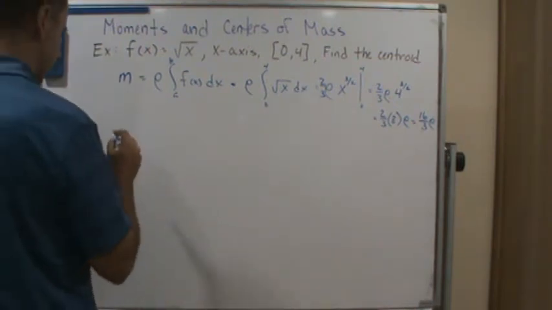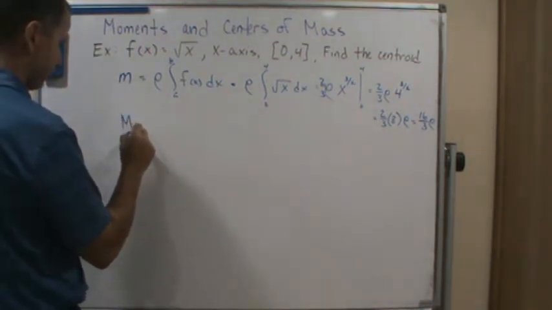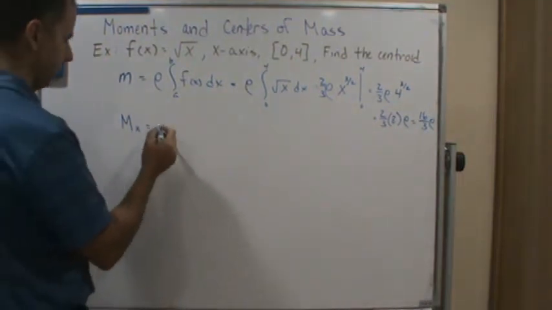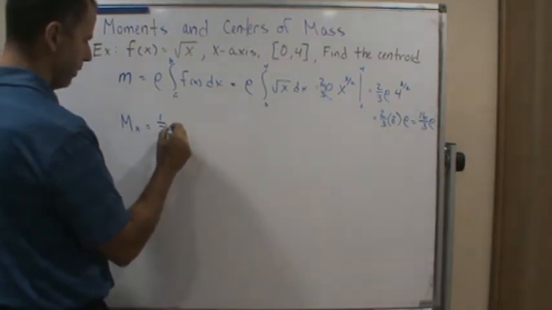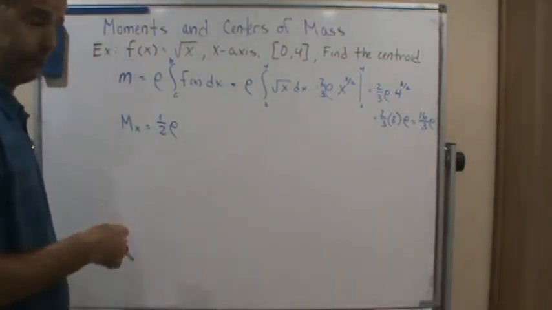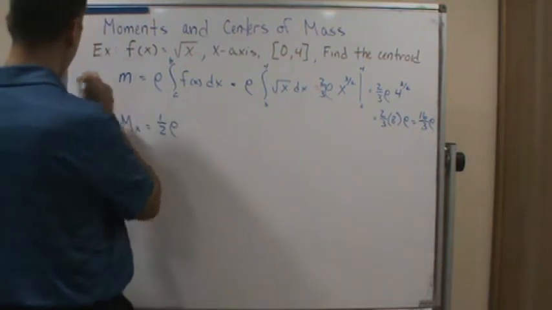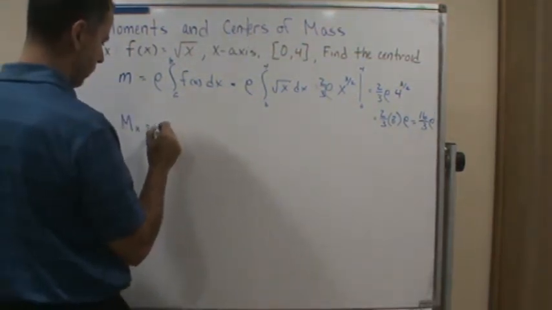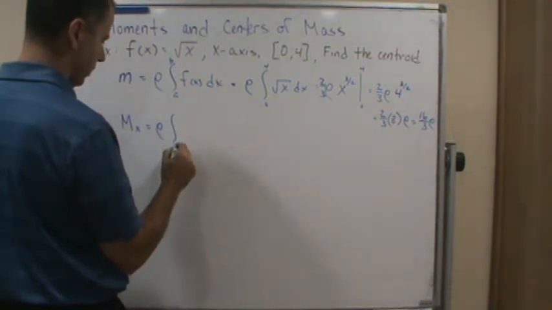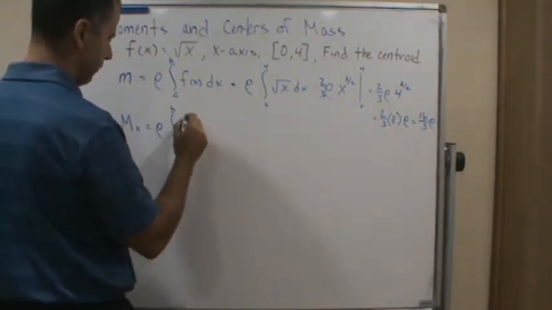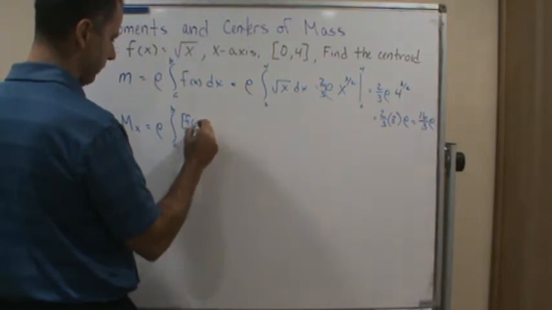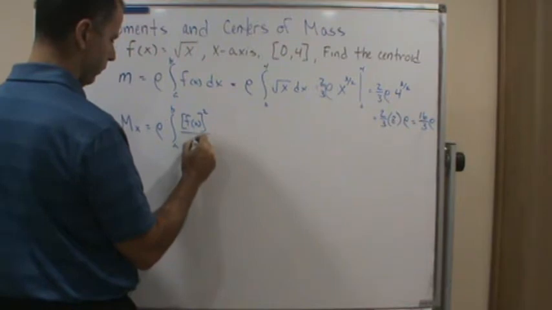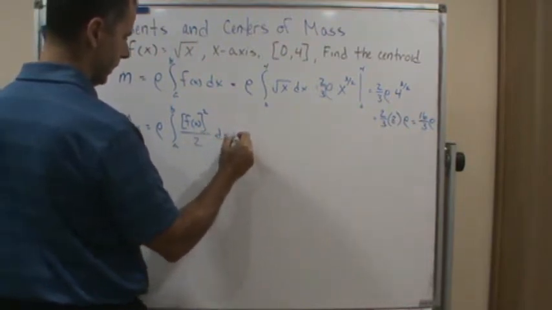Now let's find m sub x. Now m sub x in this case is going to be rho times the integral from a to b of f of x squared over 2 dx.